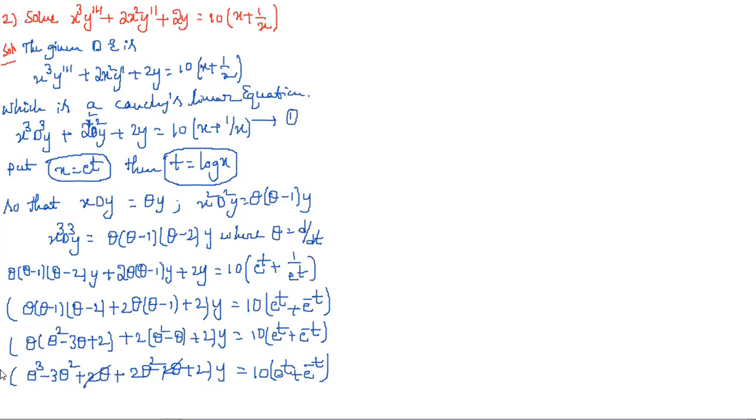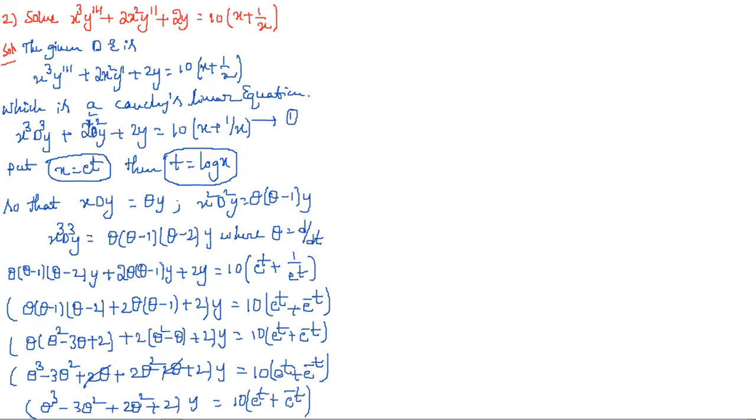What remains is theta cube minus 3 theta square plus 2 theta square plus 2, into y, is equal to 10 into e power t plus e power minus t. So this one we got.